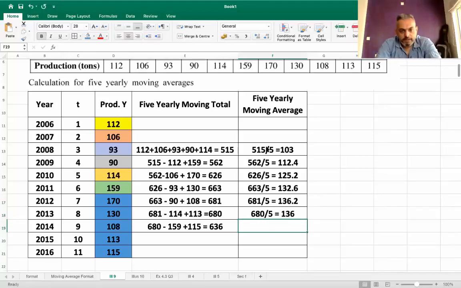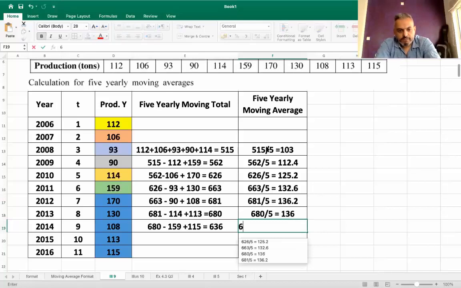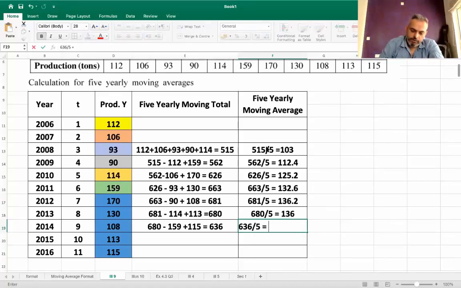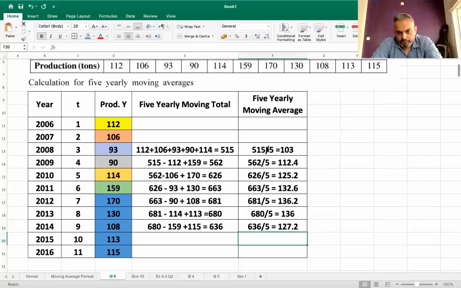And 636 divided by 5 is equal to 127.2. Now, when you start plotting them, you will get the trend, exactly how it is moving.